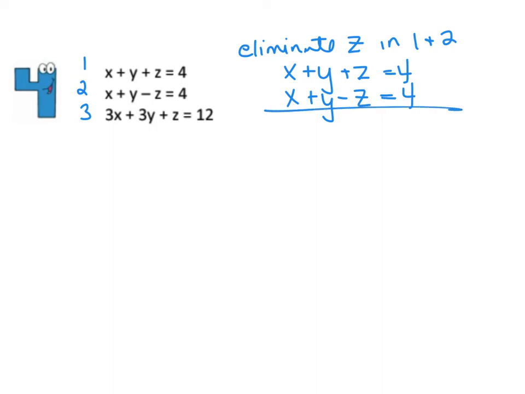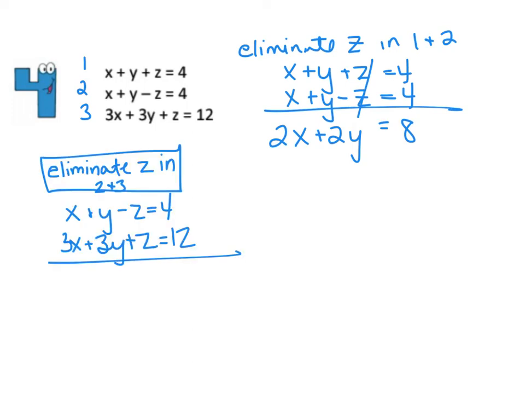All right, so that gives me 2x plus 2y equals 8. Now I'm going to eliminate z in 2 and 3. So I just recopied them because z is already opposites, and I stack and add. It gives me 4x plus 4y equals 16.